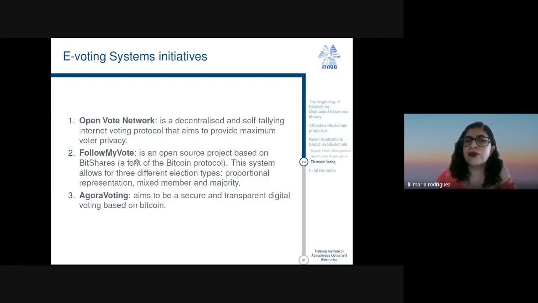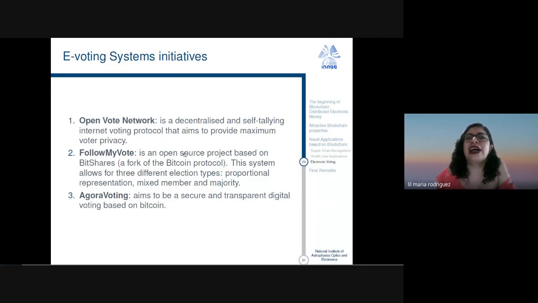Follow My Vote is an open source project based on BitShares, which is a Bitcoin fork, and this system allows three different election types: proportional representation, mixed member, and majority. Another project is Agora Voting, which aims to be a secure and transparent digital voting system based on Bitcoin.